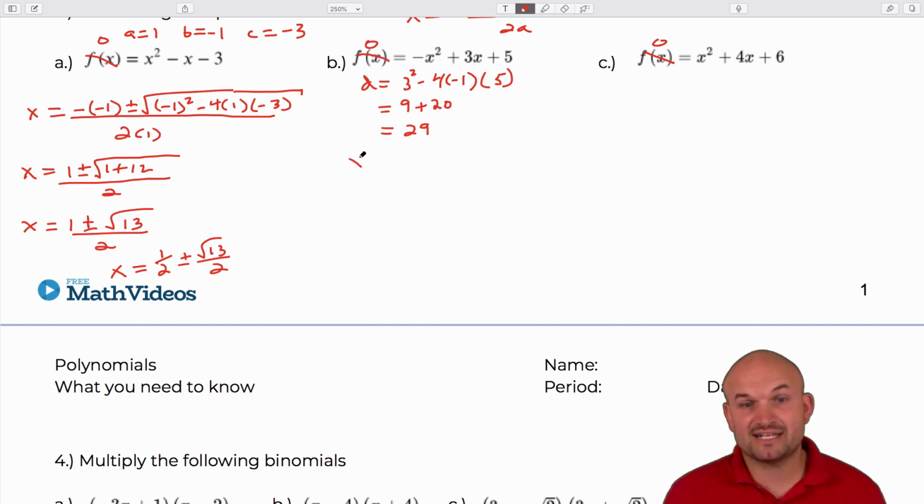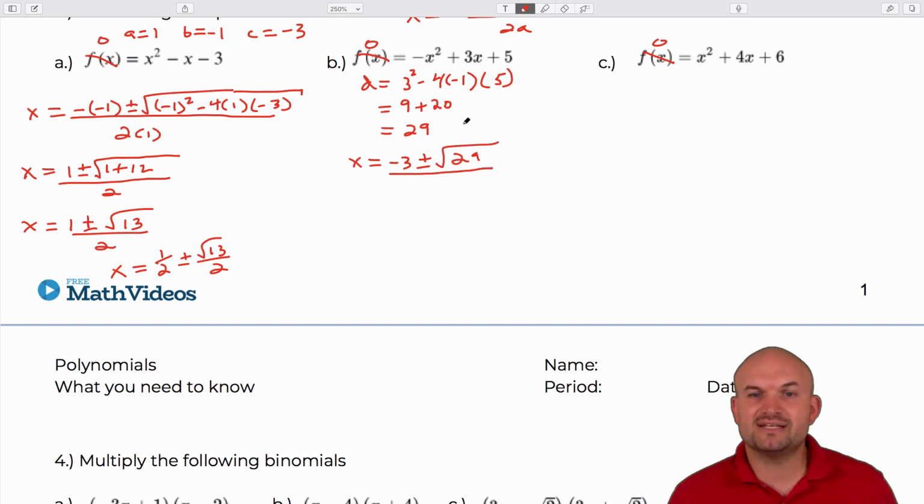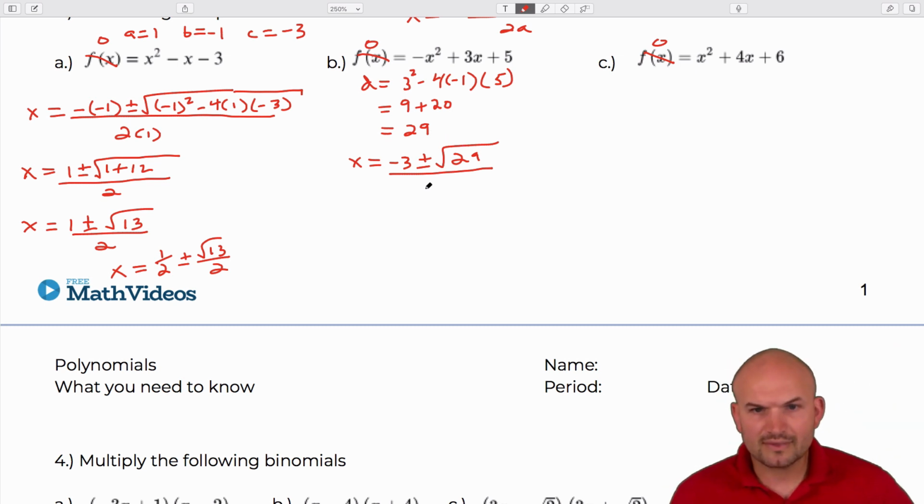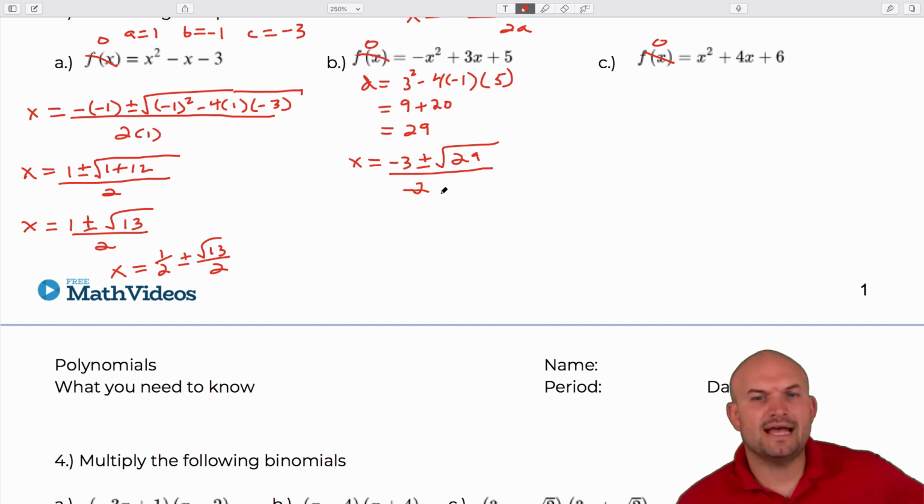I just really want you to practice going through the quadratic formula here. So the opposite of b here is now going to be -3, plus or minus the square root of my discriminant. I just like doing it this way because I understand what the discriminant is and I can make sense of the answer. And then 2 times a, which is -2. And therefore I can take stock of what type of solution I have.